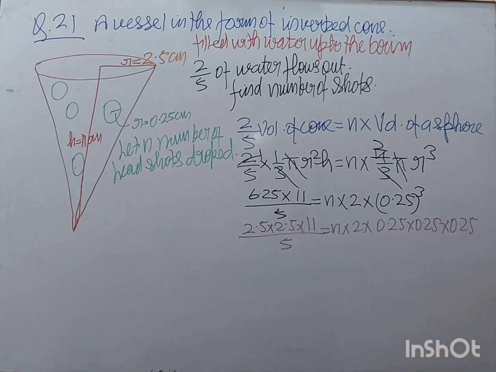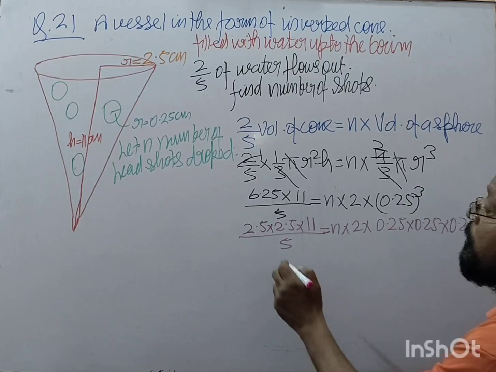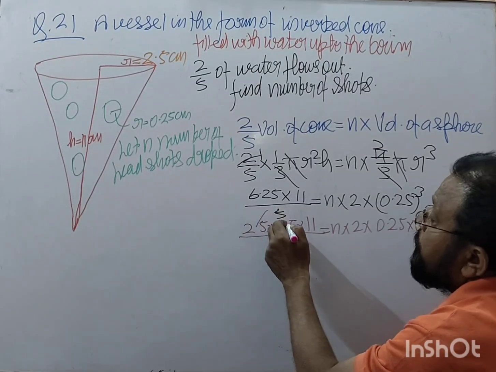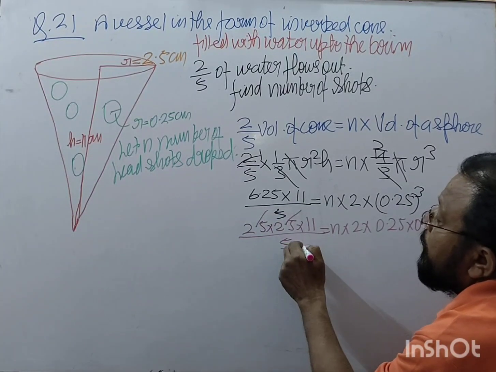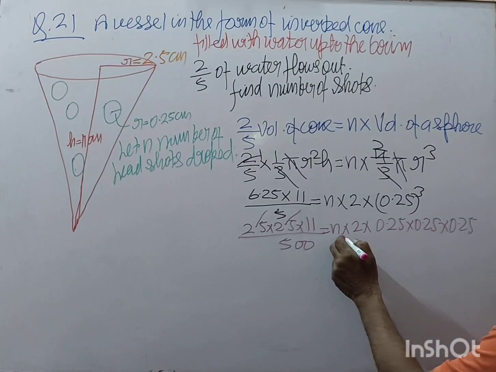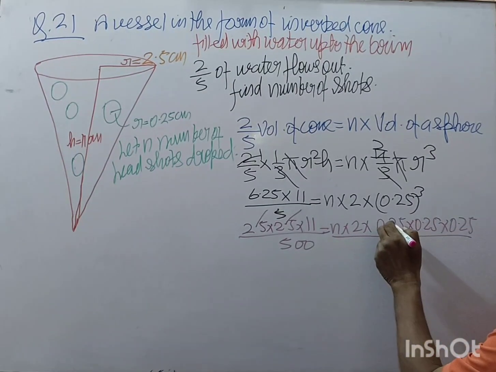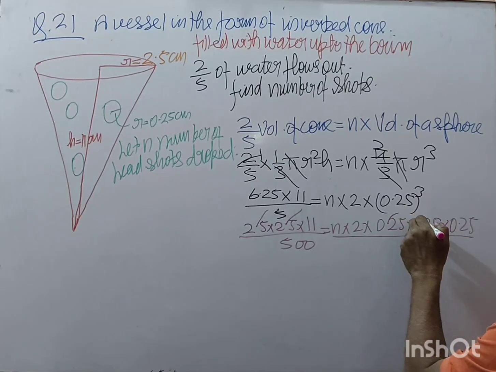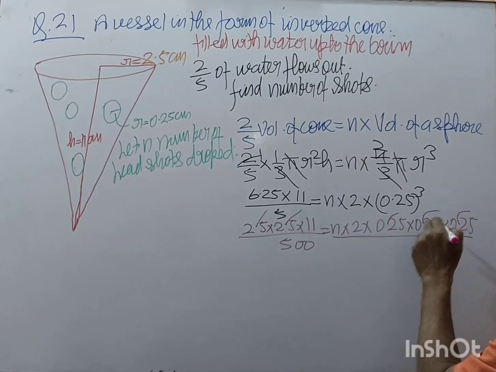Now the decimals are gone, you get two zeros here.